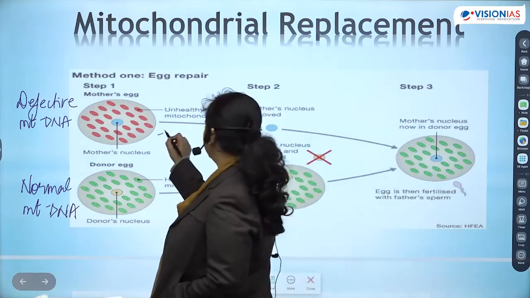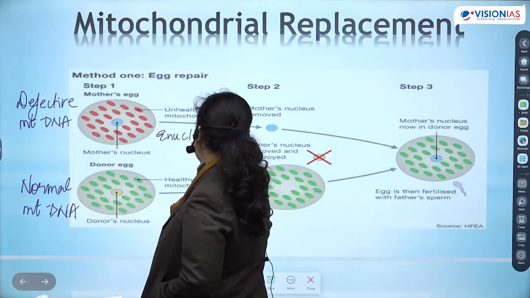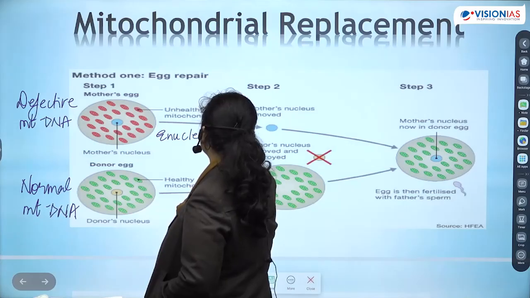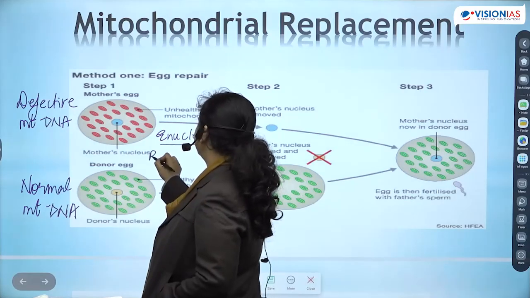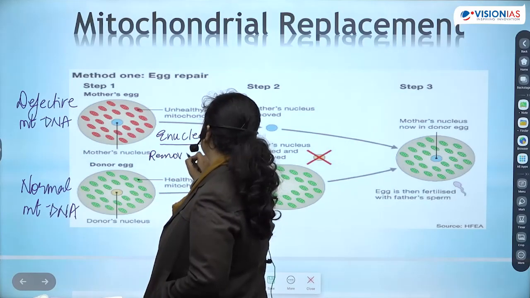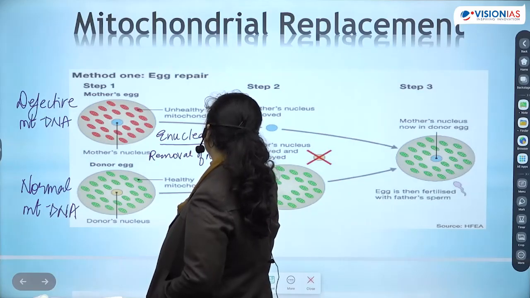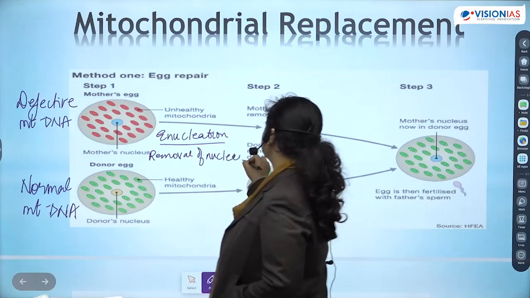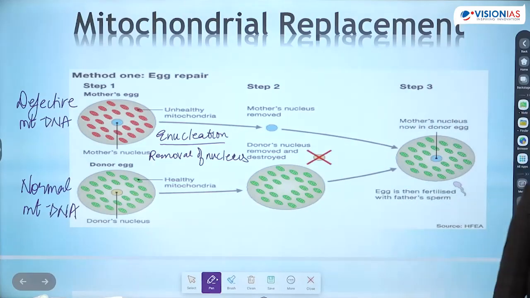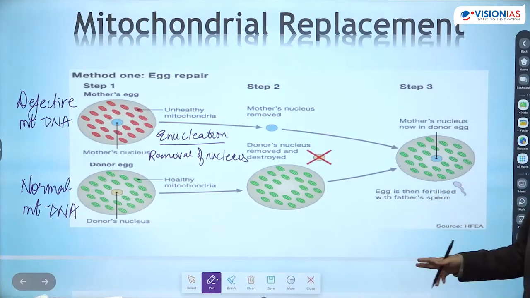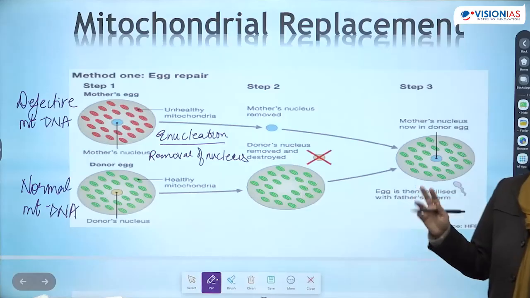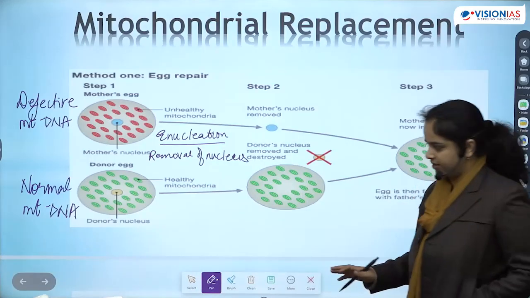After this, we are doing the process of removing the nucleus in both of these cases. So enucleation or removal of nucleus. There are two eggs. In both the cases, you will remove the nucleus.